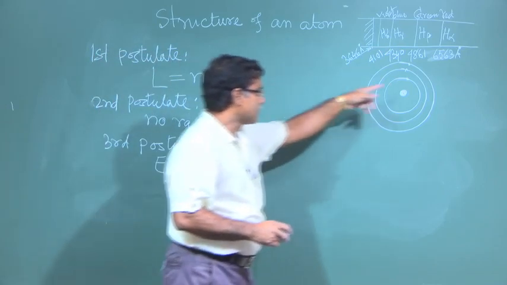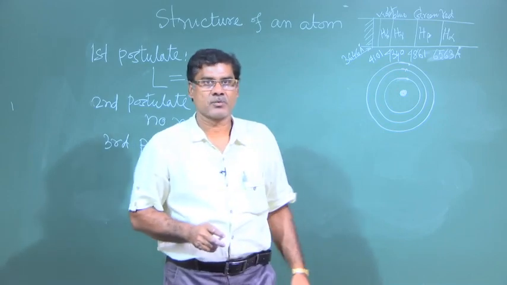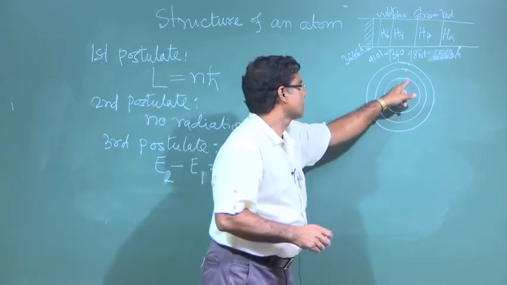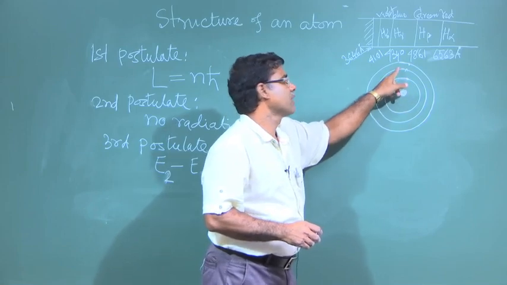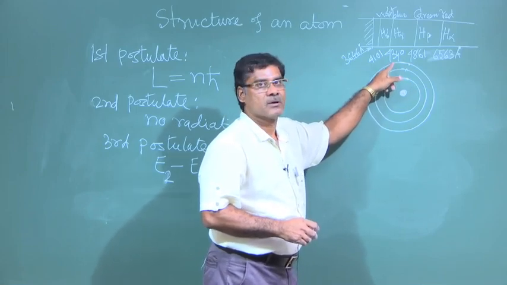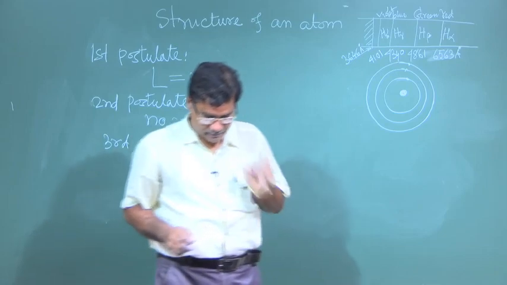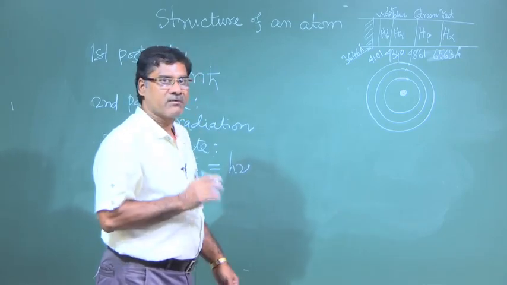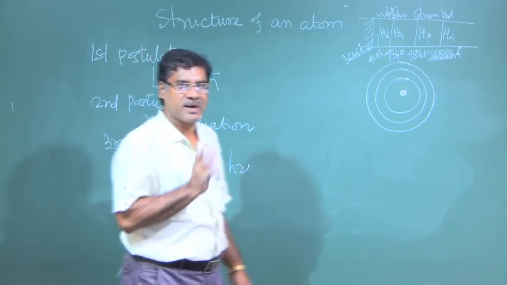The angular momentum has to be quantized and it will be n h cross. So, it has to be h cross, 2 h cross, 3 h cross, 4 h cross, like this. Okay. So, that way one can find out the orbit, and they are stationary orbits, fixed orbits.